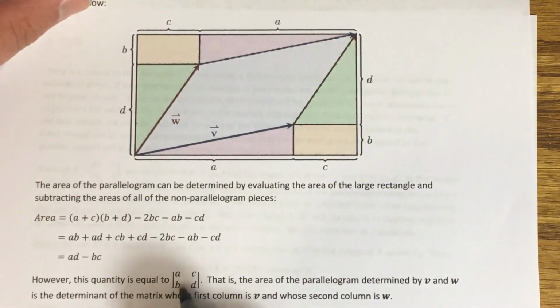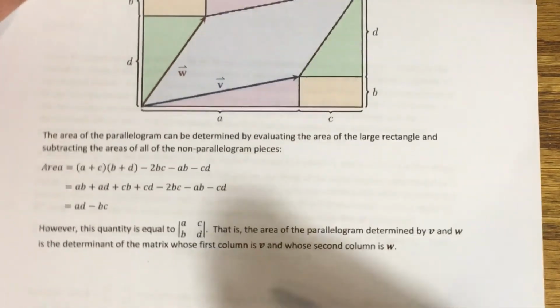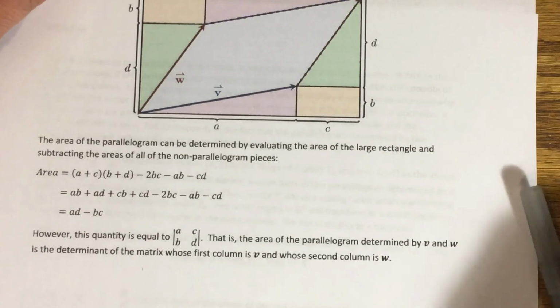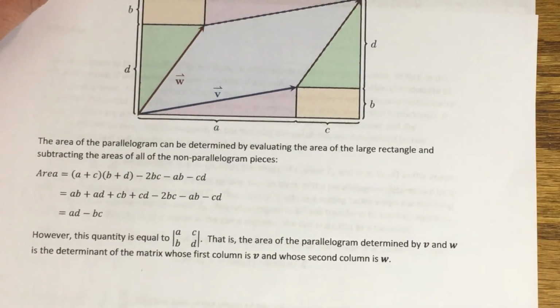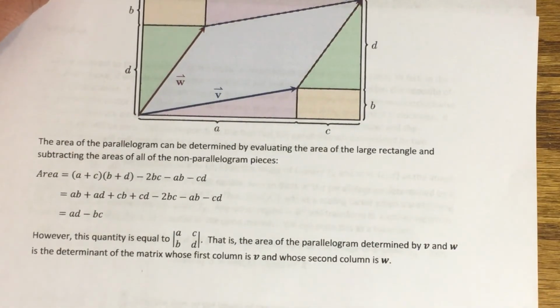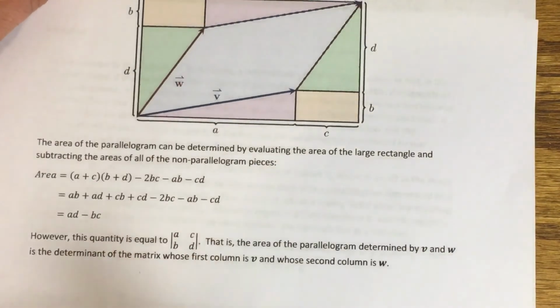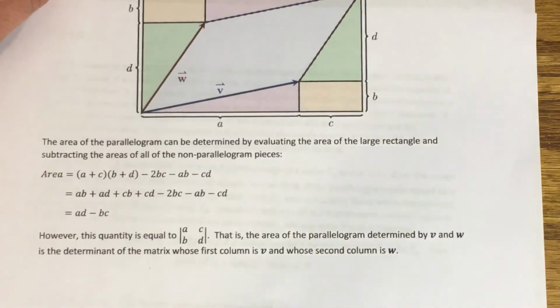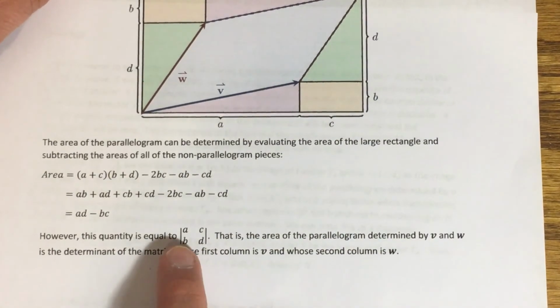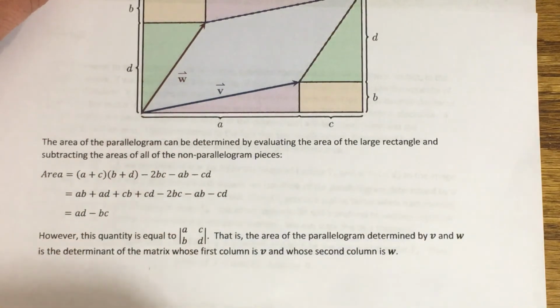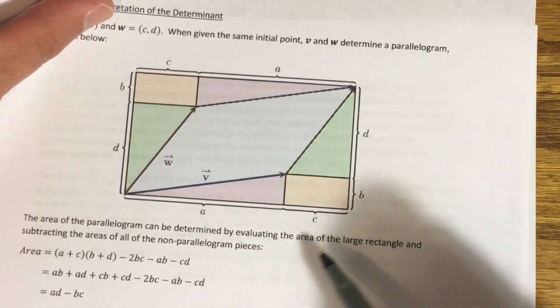If I reversed the columns in this matrix, if I put W first and V second, we know from our work in chapter 2 that interchanging any two columns of a matrix will give you the opposite of the determinant that you would have gotten otherwise. So interchanging W and V, putting W first and V second, would give me the opposite of the area that I got here, giving me a negative area.